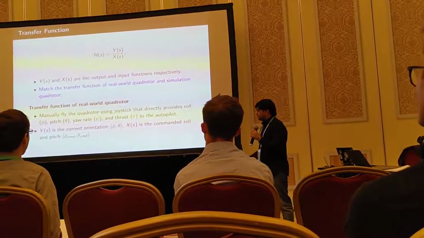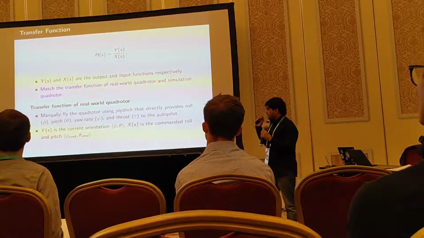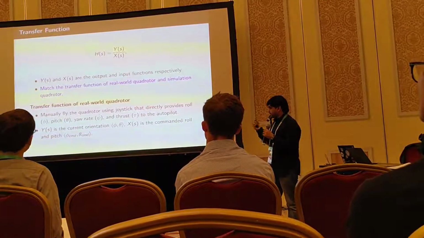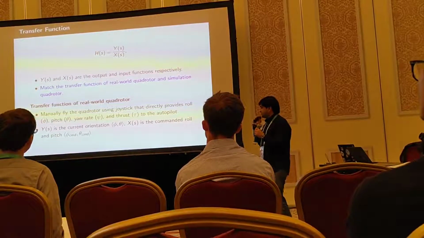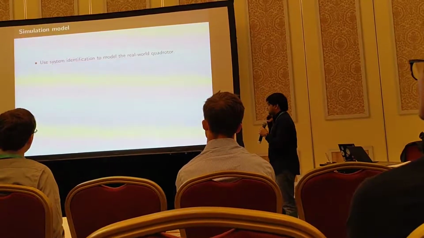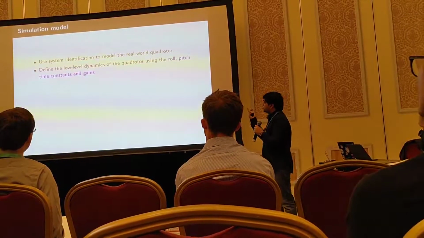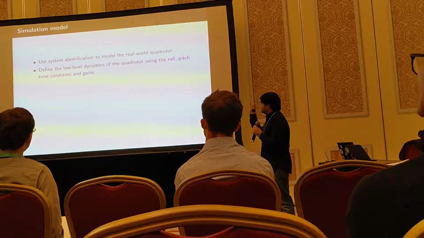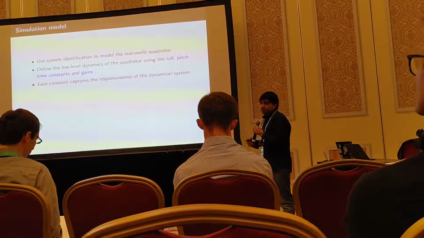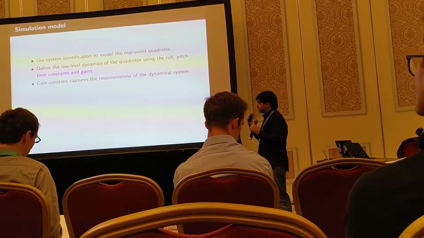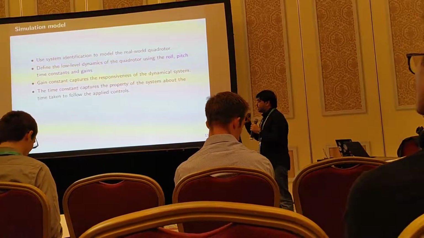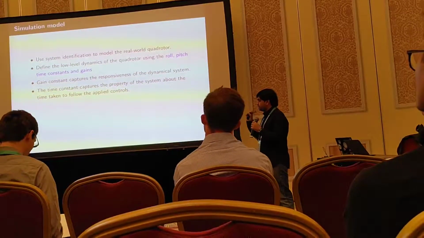To learn this transfer function, we manually fly this quadrotor with joysticks, and we record the data through ROSBAGs. And then for the simulation world quadcopter, we tune the time constants and gains. Basically, these are the low-level dynamics that define how the quadcopter will behave on providing an input.